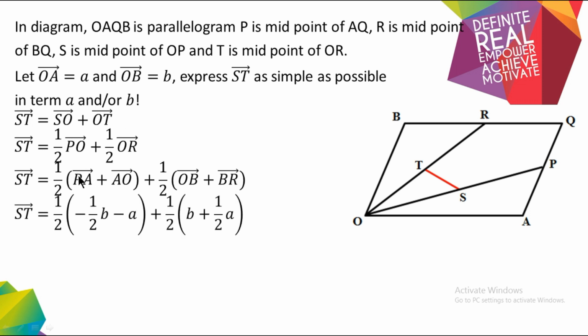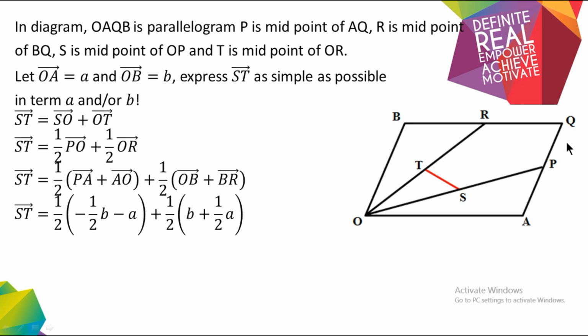See vector PA. This is vector PA. Vector PA is a half of vector QA. Okay, so QA is negative of vector b because b is OB. Now this is QA. QA is BO.